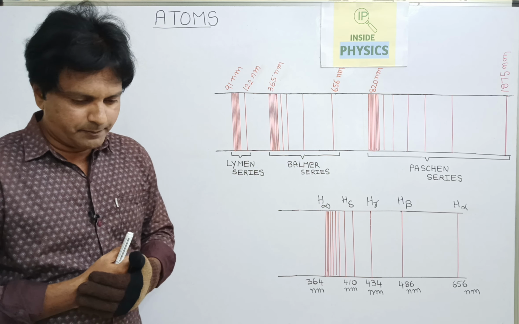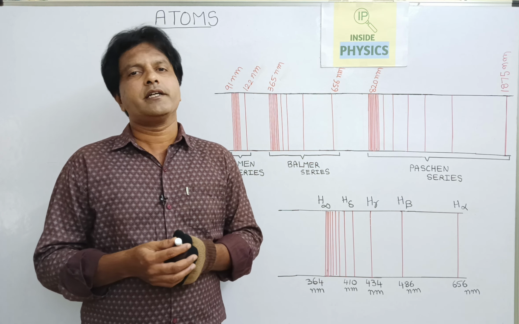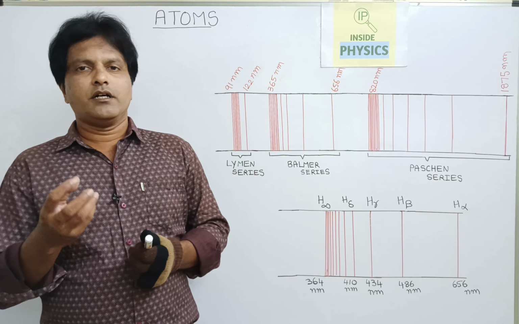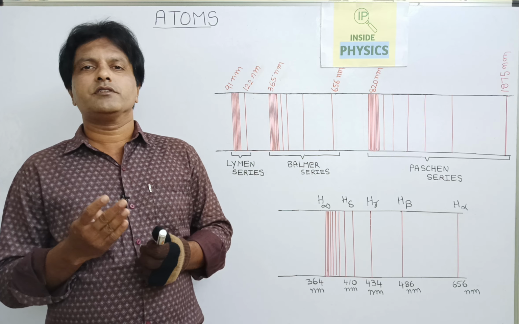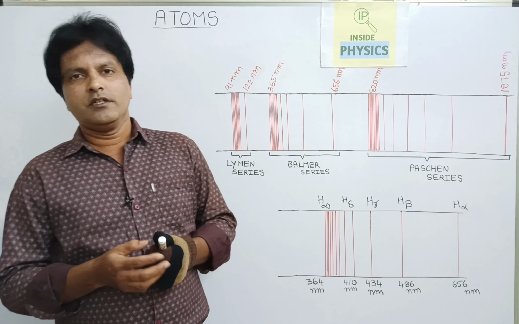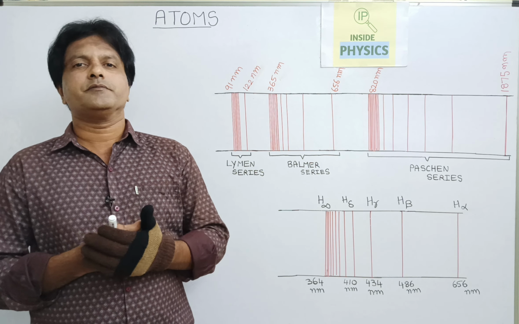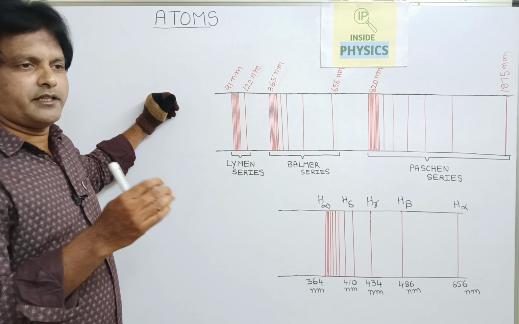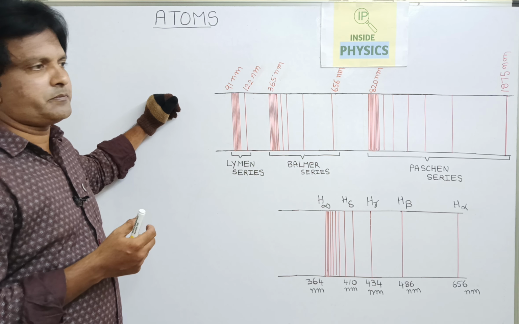At the same time, if white light is passed through the atomic gas, the white light is absorbed by the gas and dark lines are formed, which is called absorption spectrum, which you can observe through a spectrometer. The spectrometer gives the wavelength of that particular absorption spectrum.